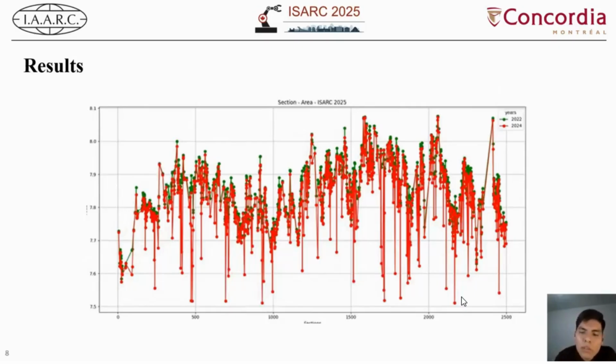Why the area is reducing should be a very good question for the other part of the project, probably because of the movement of the air, or earthquakes or something like that. So this is our main result.